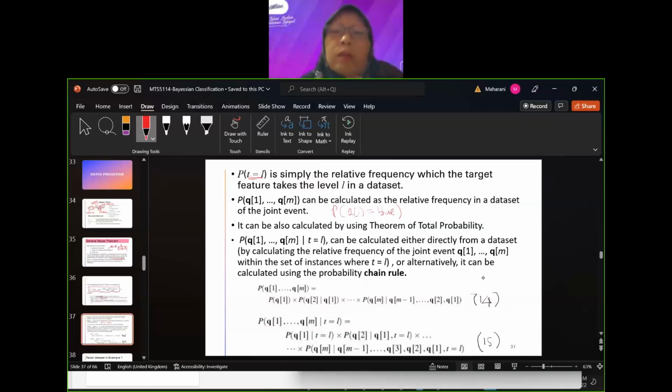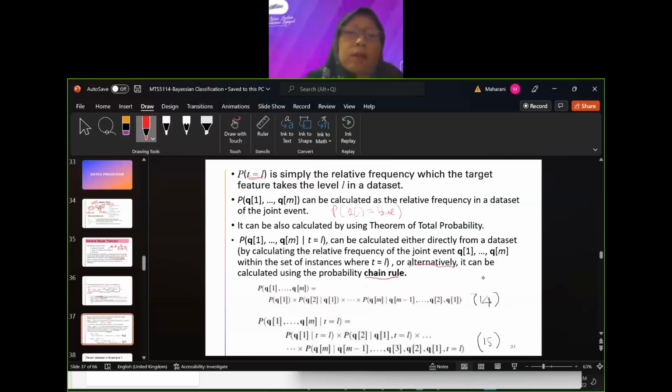It can be calculated directly from the dataset: you verify where Q1, Q2 until Qm happen at the same time as T equals L, and then divide by the total. Or alternatively, you can use the chain rule.